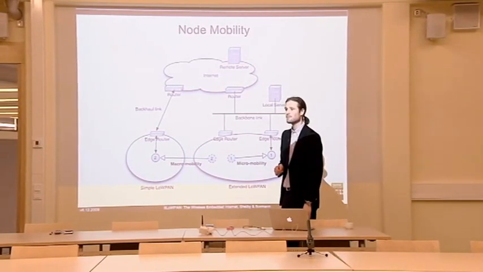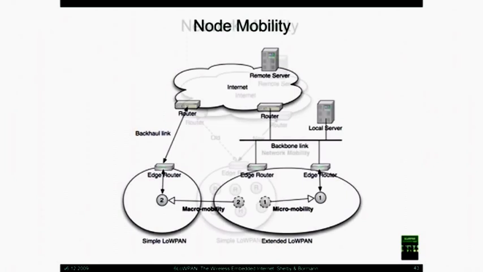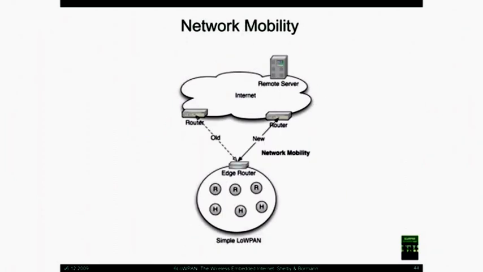How about a third case? You are a network. You have a device and nodes, and then you walk through the internet. So network mobility. Yes, this is a very special case, and in fact, it's a really important case for sensor networks because we have a lot of this. And this is where not only does a sensor node move, but the whole sensor network moves, or the whole 6LoWPAN.